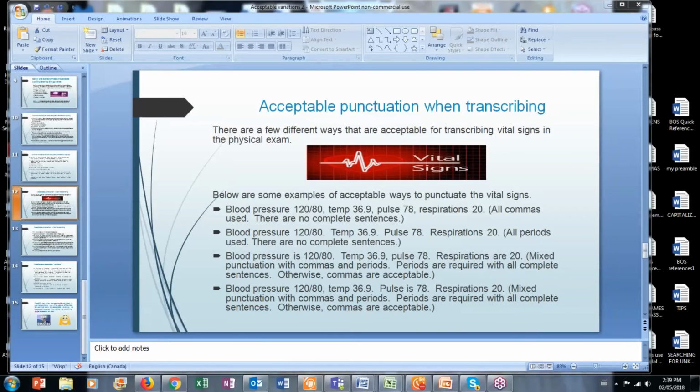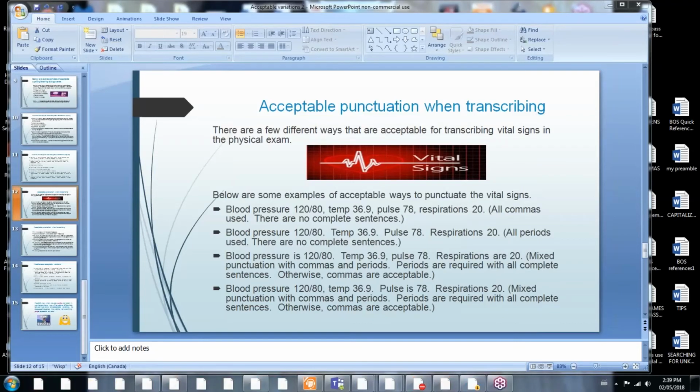Now in our second example, if you notice, we do the exact same thing, but I did them with periods this time. Again, it's acceptable with commas or periods. There are no complete sentences. Now in the third example, however, the first part of that is a sentence. Blood pressure is 120/80.